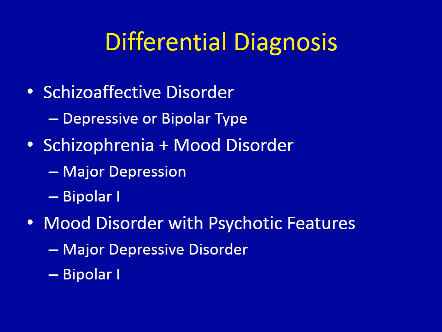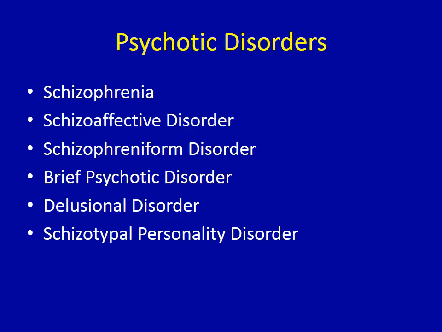And the most important thing to know about a patient when considering which of these options would be the most appropriate is whether they are having symptoms of psychosis or of a mood disorder independent of the symptoms of the other type of disorder. So do they have psychotic symptoms in the absence of mood symptoms, or do they have mood symptoms in the absence of psychotic symptoms?